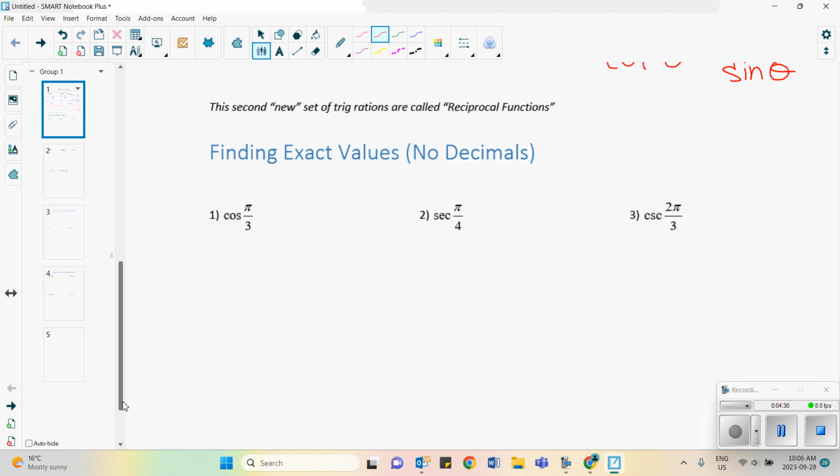Okay, so we did this on our quiz. Exact values. We talked about this in grade 11 as well. Exact values means leave it as a fraction, no decimals, right? So here, again, exact values, we're going to leave it as a fraction.